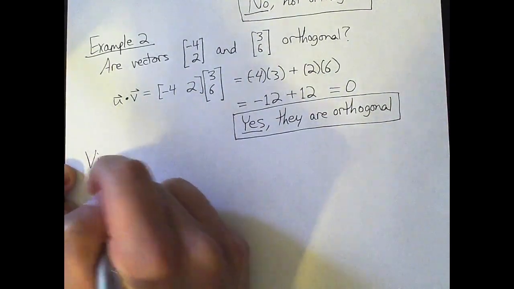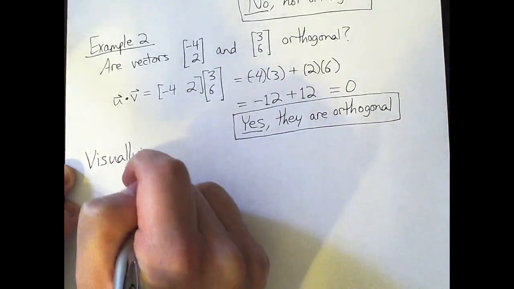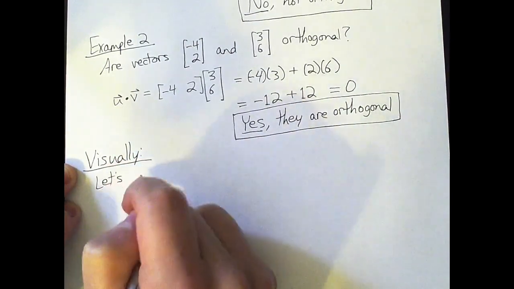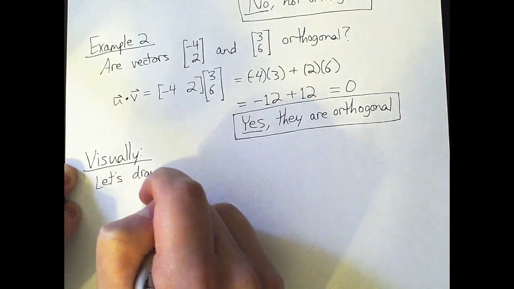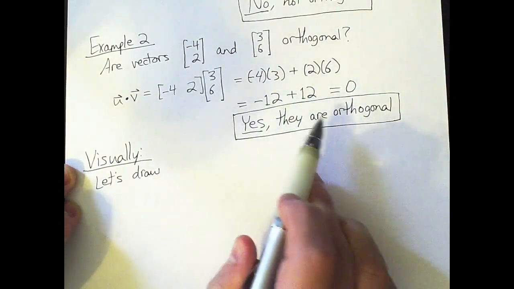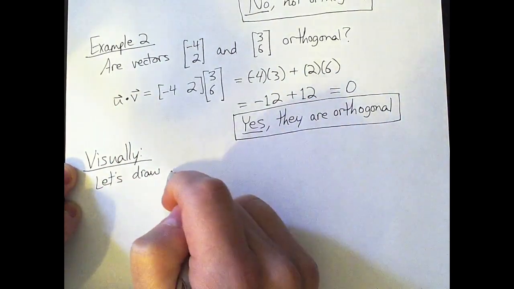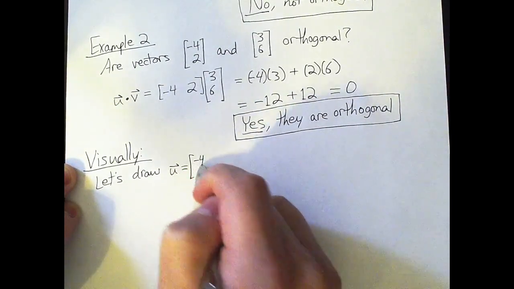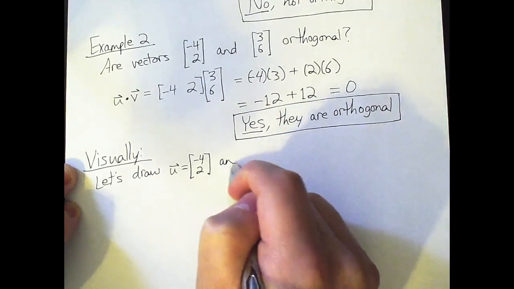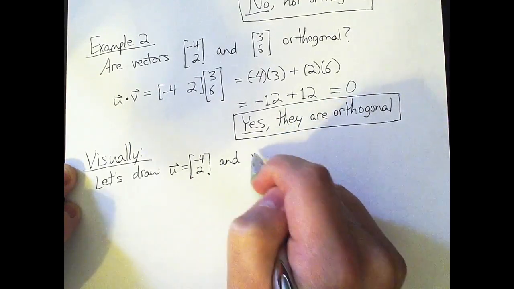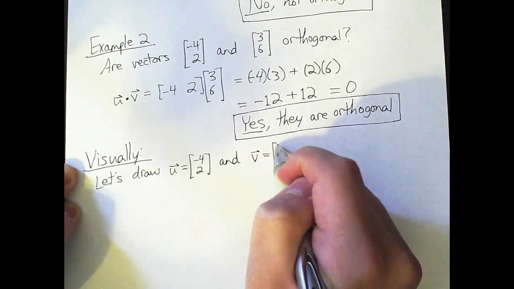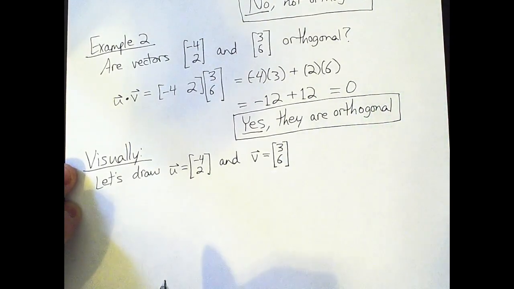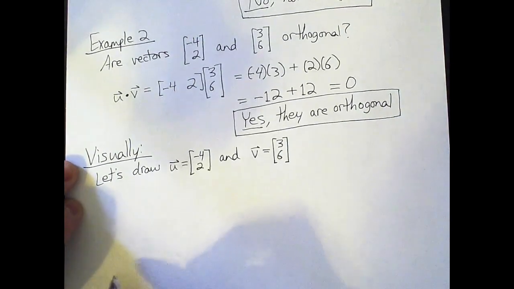So I like to think of this visually or geometrically. Let's draw the vectors from example 2, the ones that were orthogonal, and let's call them u and v. And let's see what they look like in relation to each other, and whether we can tell from the picture that they are orthogonal.